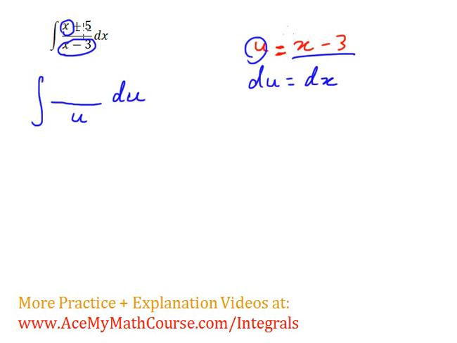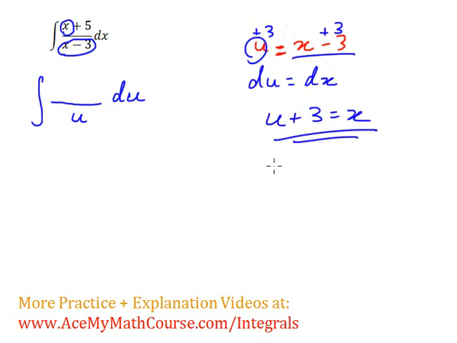And how can I do that? Well, I can just isolate x right here. So I can just add 3 to both sides of the equation. And I know that x will be just equal to u plus 3. Well, after all, u is equal to x minus 3. So x must be equal to u plus 3. So what does that mean?